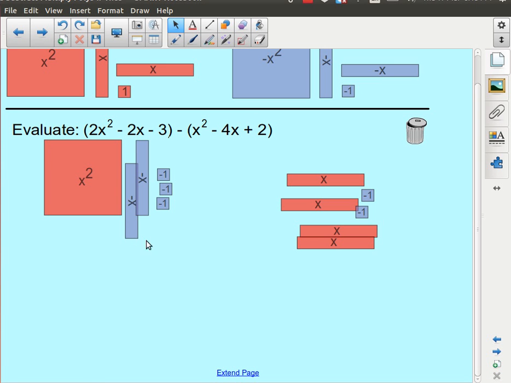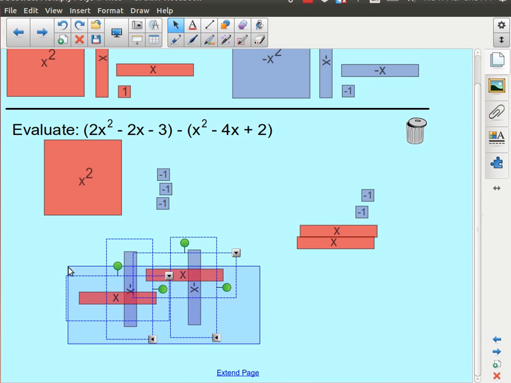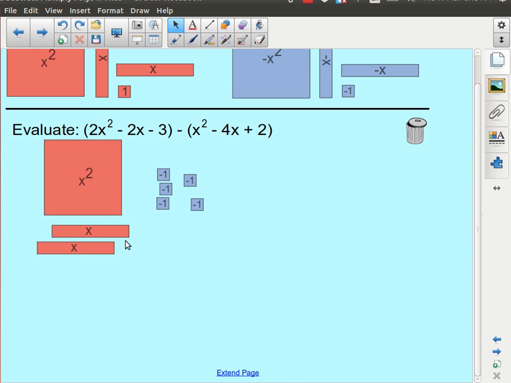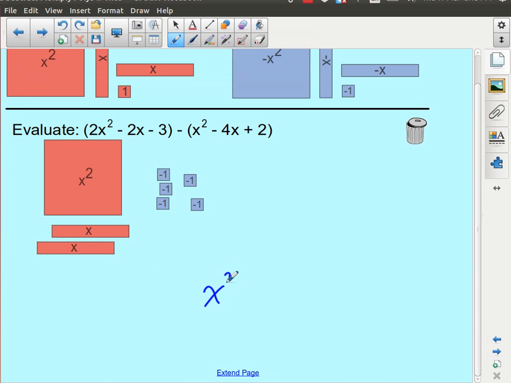They become 0. I've got a negative x and a negative x, a positive x and a positive x. So those are going to cancel. I've got negative 1, positive 2, positive 1, positive 2. And so that gives me my final answer: x squared plus 2x minus 1, 2, 3, 4, 5.